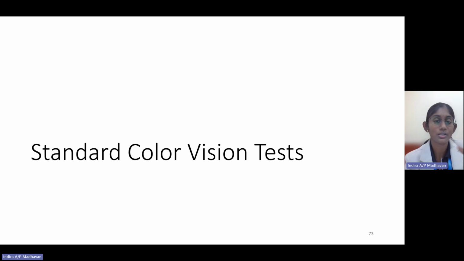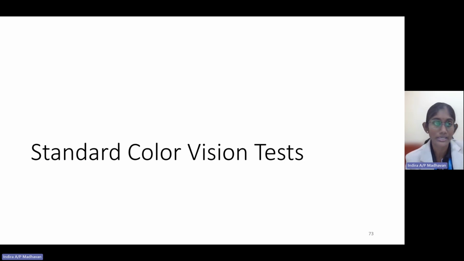So we're going to look at these two color vision tests, and I'm going to go into detail on how we actually perform this test, what are the precautions that you have to take, and how to interpret the result. In terms of interpretation, I will touch on it less, because you will have a better understanding when you are able to do it hands-on.